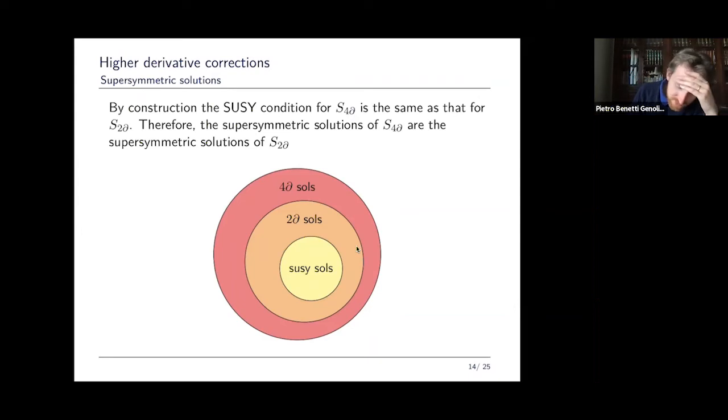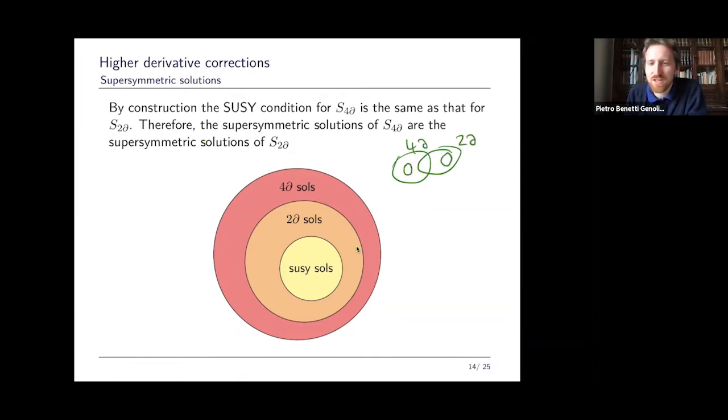Therefore, you have this structure. The solutions to the 4-derivative equations of motion strictly contain the 2-derivative solutions, which strictly contain the supersymmetric solutions. Okay, great. It could have been something different. It could have been something very different. Instead, it just so happens that for this theory, it's like this.